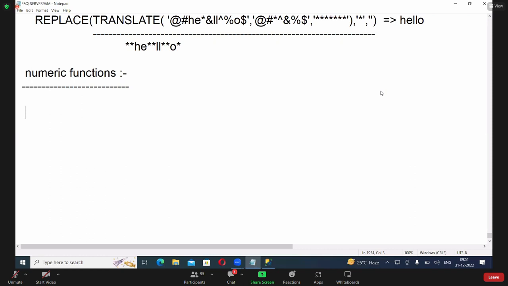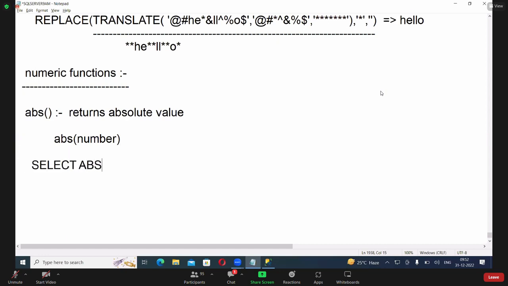So there are some general mathematical functions. ABS: what does ABS return? It returns the absolute value. ABS of a number always returns a positive value.